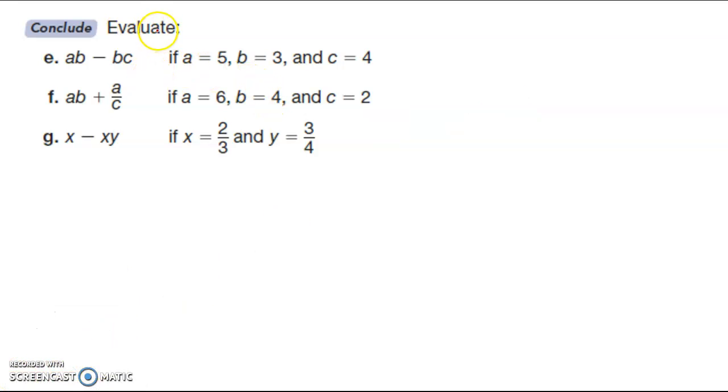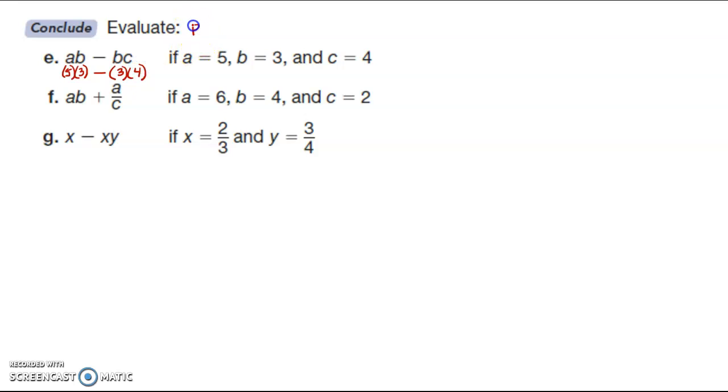Okay, here we go. Now this says evaluate. And when it says that, and it gives you some letters and tells you what the letters are, you plug them in. So what I have here is A times B minus B times C. So let me write that out. A is 5, so 5 times 3 minus 3 times 4.